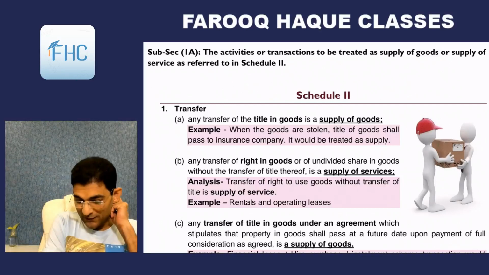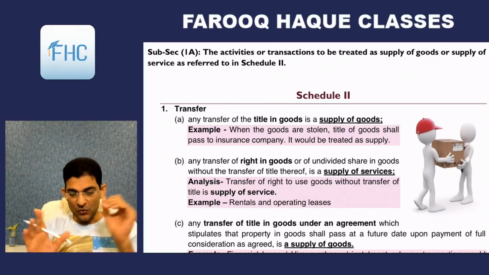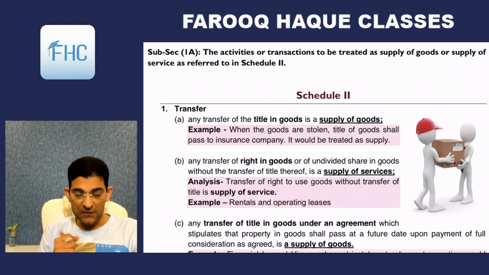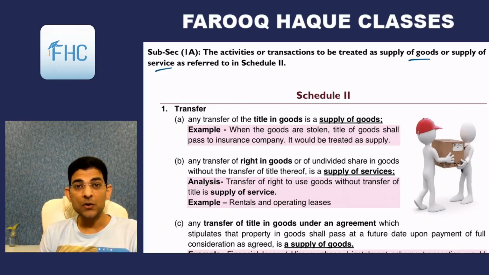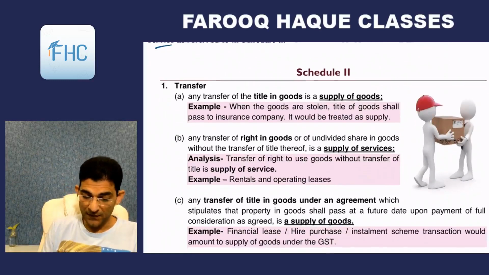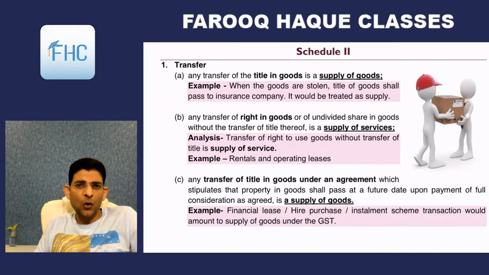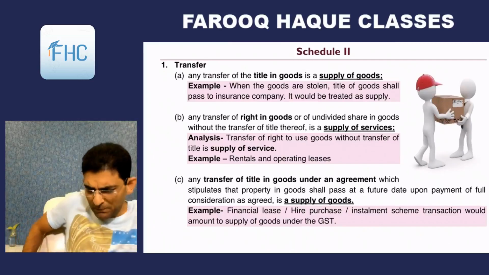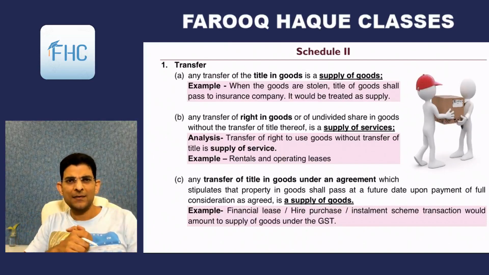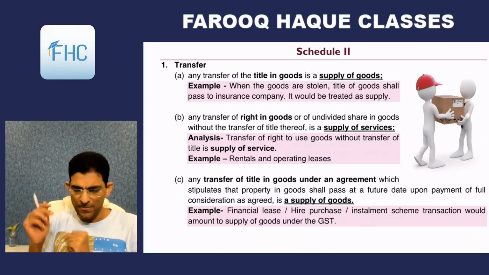So the schedule is made under subsection 1A that we have seen in section 7, which says that activities or transactions to be treated as supply of goods or supply of services are as referred to in Schedule 2. What you have to do here is to remember all these points. Not much to be explained, but to be remembered.